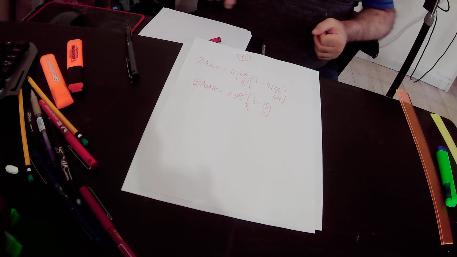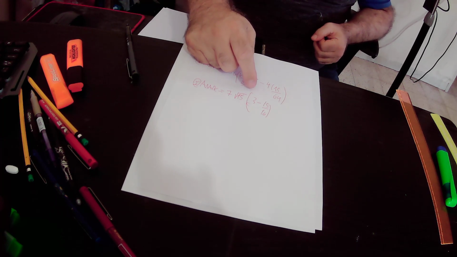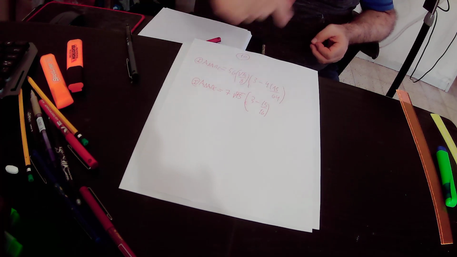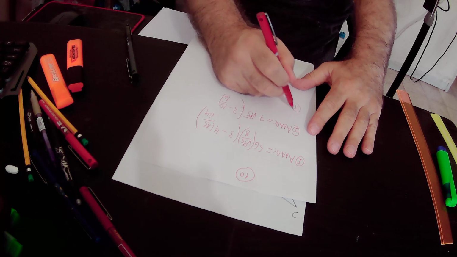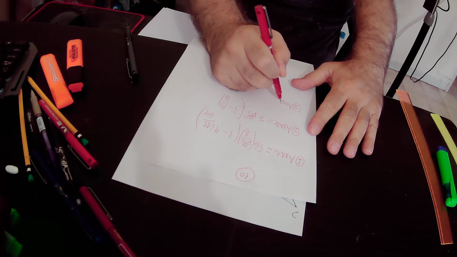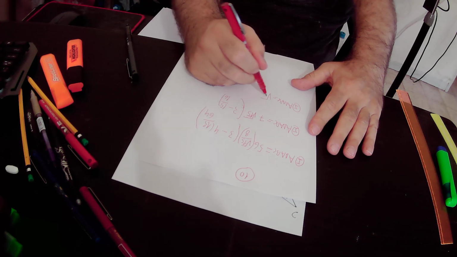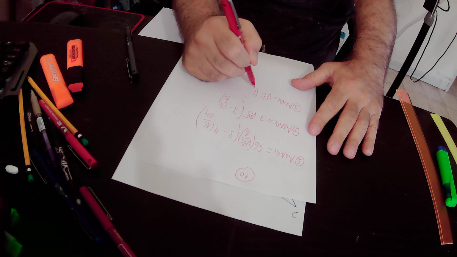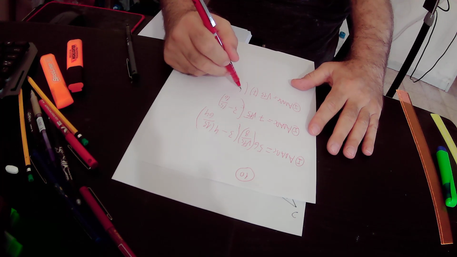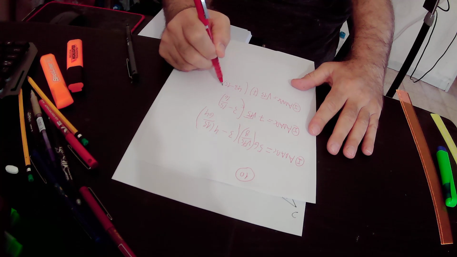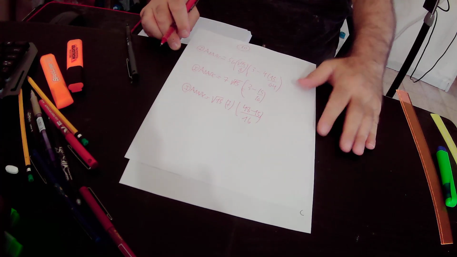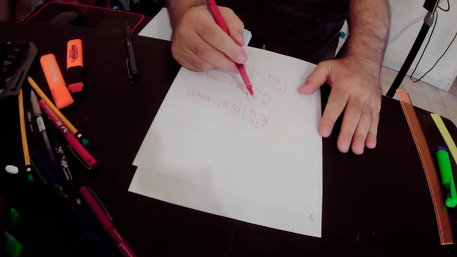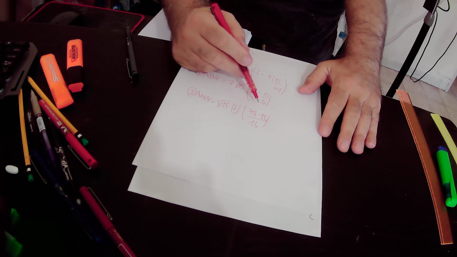Here we will substitute 3 by 48 over 16 in order to have a common denominator with this number, and we will get that the area of triangle ABC equals root 15 times 7 times 48 minus 15 over 16. 48 minus 15 is 33.